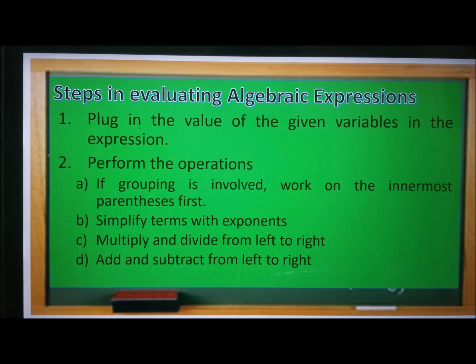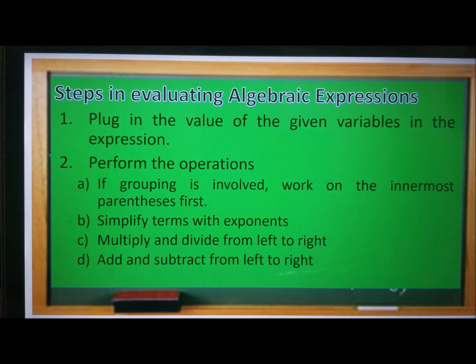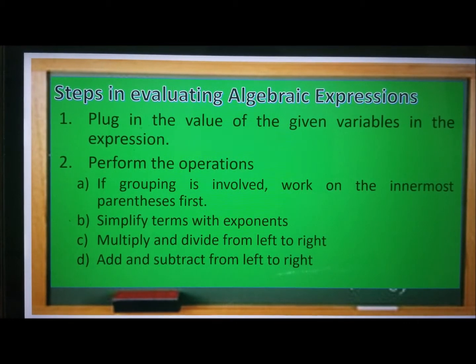Remember that G stands for the grouping symbols, E for the exponents, M for the multiplication, D for the division, A for the addition, and finally S for subtraction. If the grouping is involved, we have to work on the innermost parenthesis first.